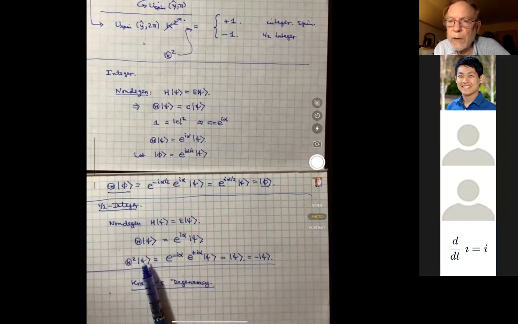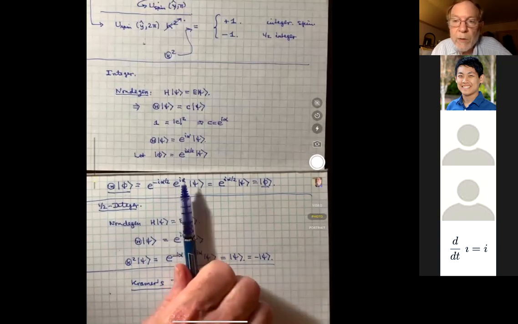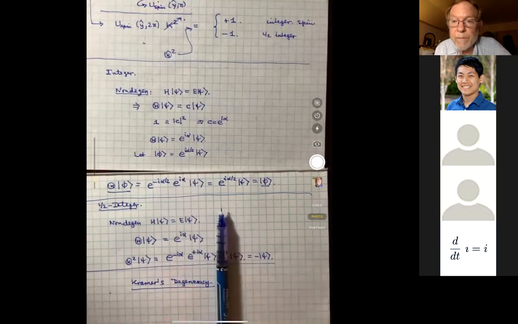This is just touching the most basic fact, that all energy eigenstates are degenerate. We might have started out by assuming we had a non-degenerate energy eigenstate just out of curiosity, just to see what would happen. But if you do that, you find that you get a contradiction, unlike the case of integer spin, where it works out fine.